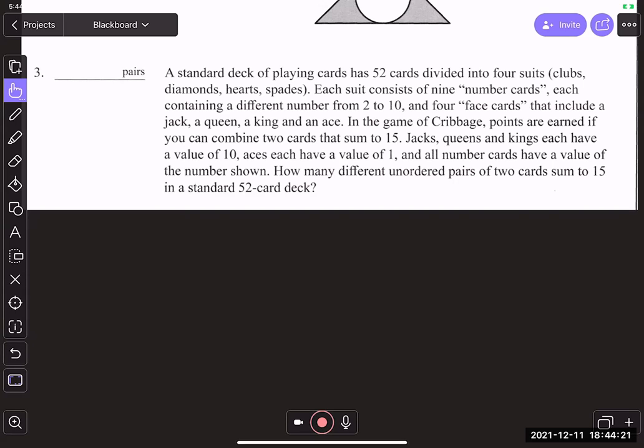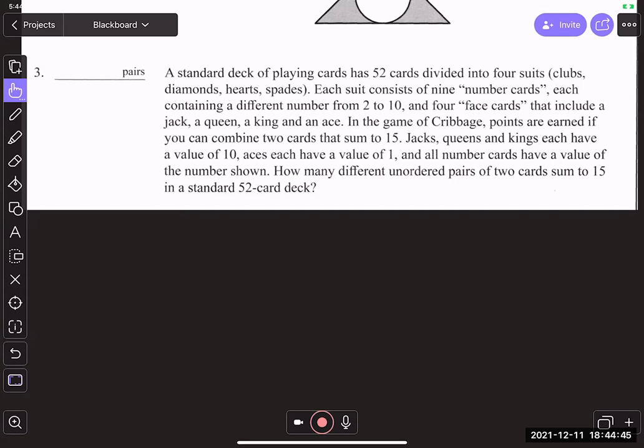So a couple things. We do mention that they have to be unordered. In other words, a 5 of spades and a 10 of hearts in that order is the exact same as 10 of hearts first, then a 5 of spades. However, if I change the 5 or change a 10 suit, that is a completely different pair. So any ideas here from anyone?